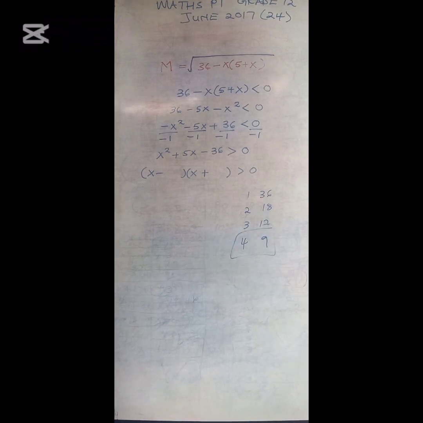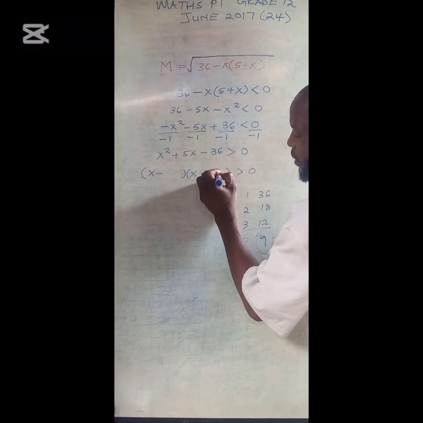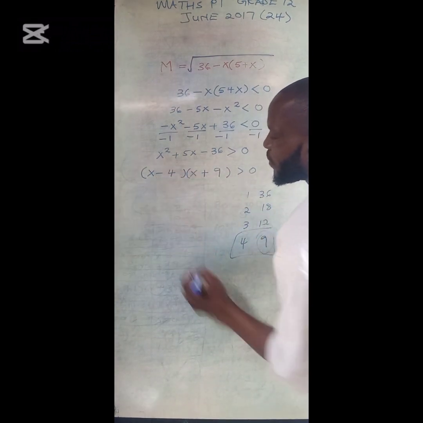Here is the combination we are looking for. If the signs are different, the bigger factor takes the sign of the middle term. So the bigger factor is 9. It will take the sign of the middle term.